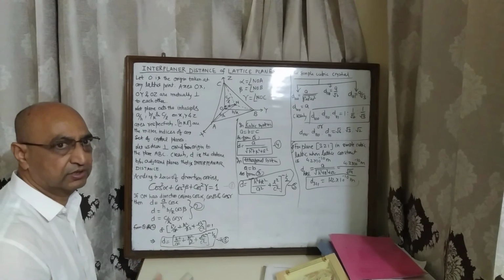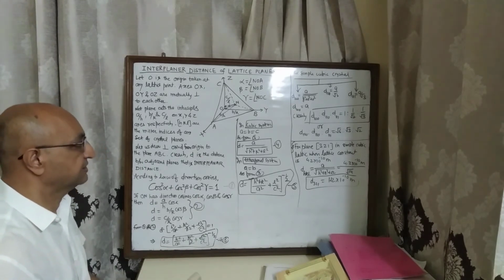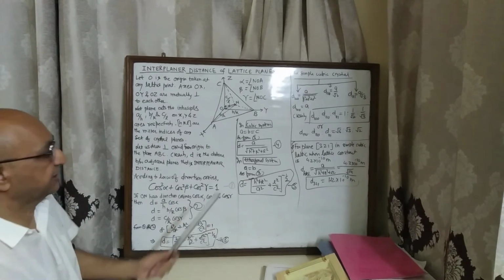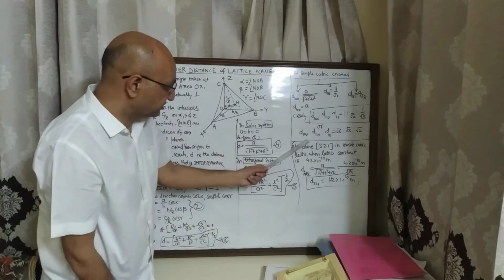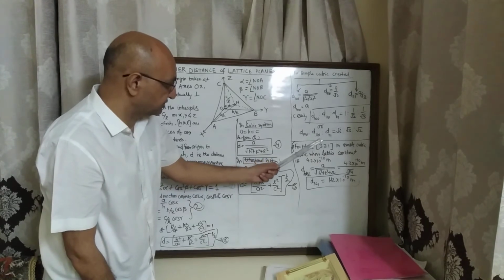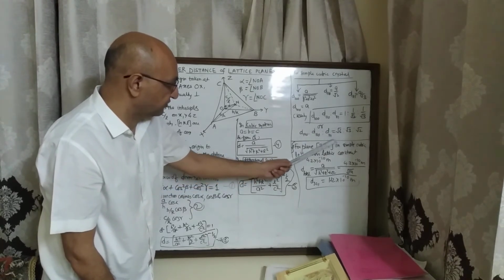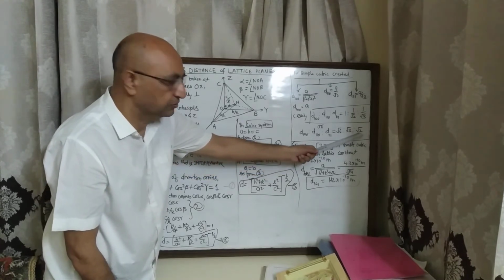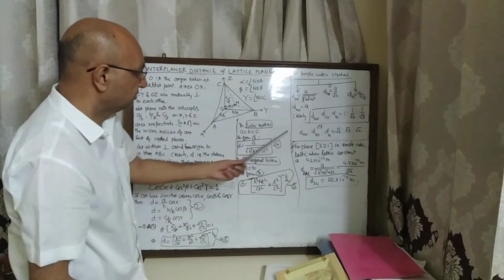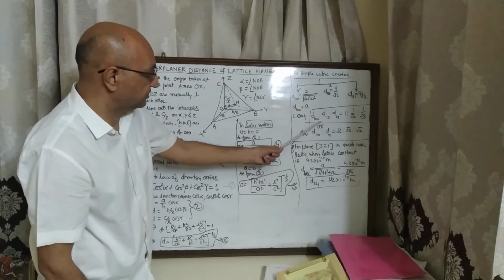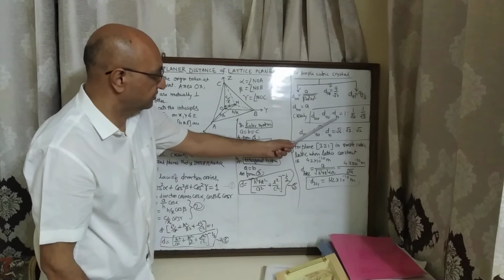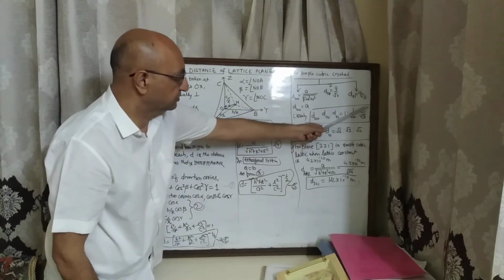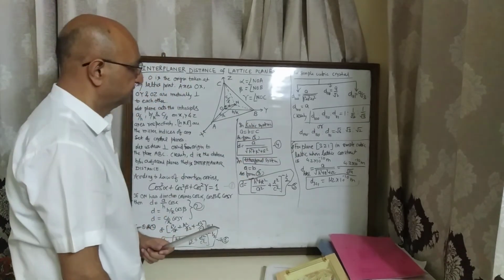Now let us go for more numericals and a simple question. Prove that for a simple cubic crystal, d100 : d110 : d111 is equal to root 6 : root 3 : root 2, or d100, d110, d111 equal to 1, 1 by root 2, 1 by root 3.